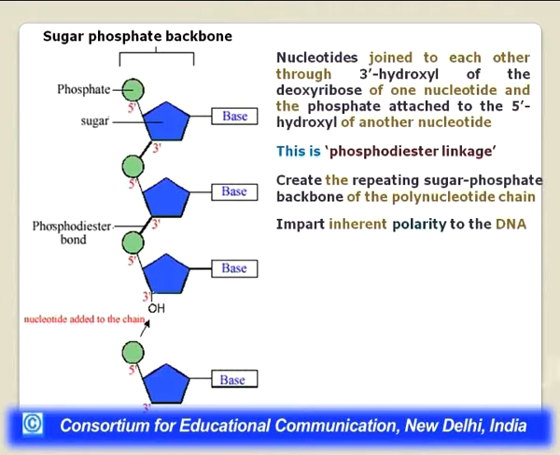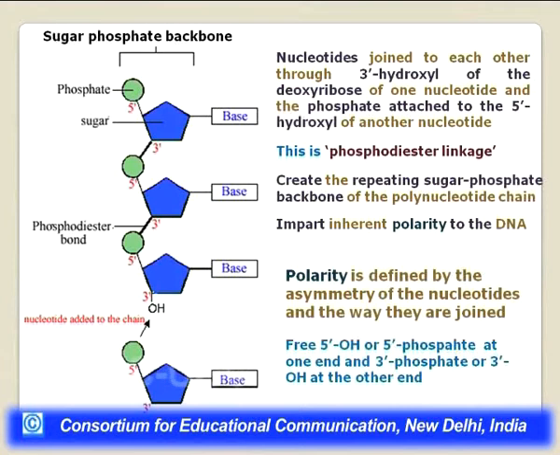This kind of arrangement imparts inherent polarity to the DNA. So, what do you understand by polarity? The polarity is that at both the ends there is an asymmetry. At one side there is a 3' hydroxyl group which is exposed, but on the other side there is a 5' phosphate group which is open. So, the polarity is defined by the asymmetry of the nucleotides and the way they are joined: the free 5' OH or 5' phosphate at one end and 3' phosphate or 3' OH at the other end.